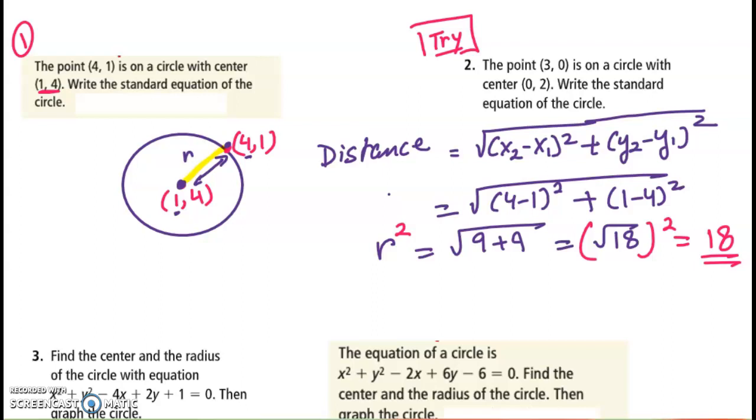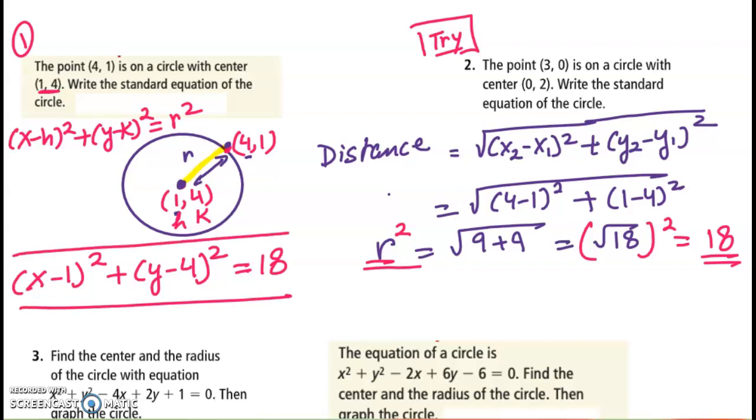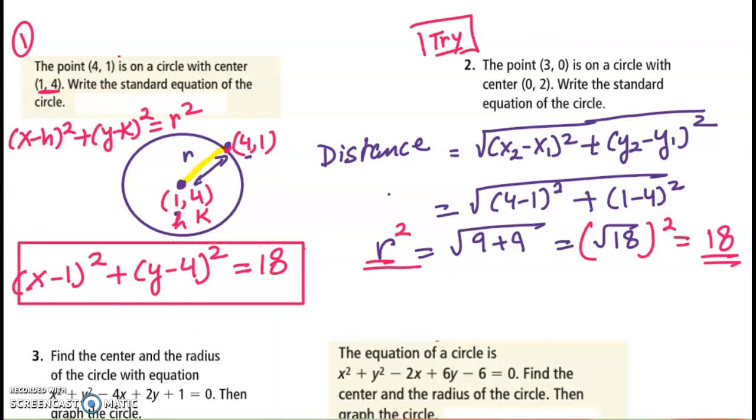The standard equation is (x minus h) squared plus (y minus k) squared equals r squared. We know our h and k: this is h, this is k. There you go: (x minus 1) squared plus (y minus 4) squared equals r squared, and r squared is 18. This is what we are looking for.